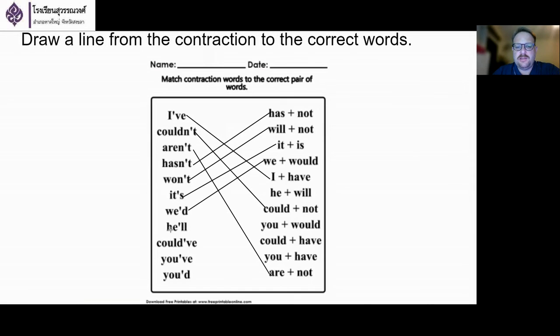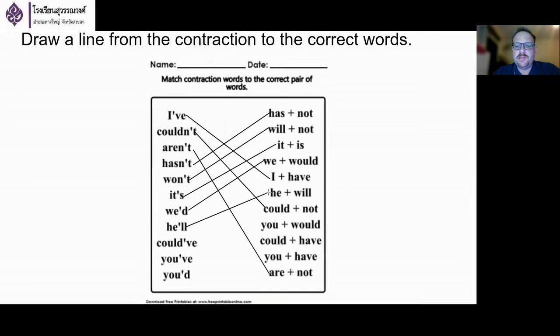He'll, H-E apostrophe L-L. What word ends with 2 L's? Will. He'll, he will.